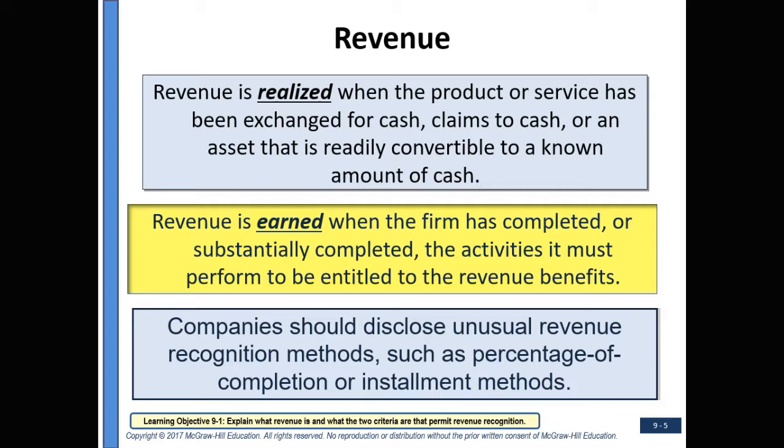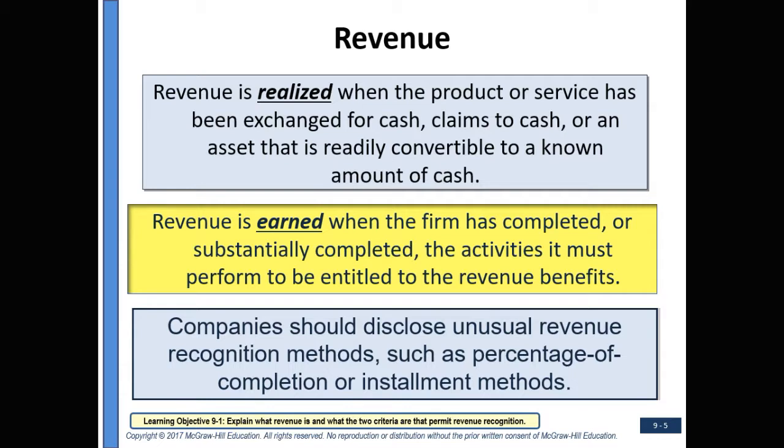Versus when it's earned, that's when we have substantially completed something; the activities left to be performed for the revenue are minimal, so it is substantially complete. If it has been earned, then we should recognize our revenue. We are entitled to that amount of consideration. We are entitled to the benefits of that revenue.